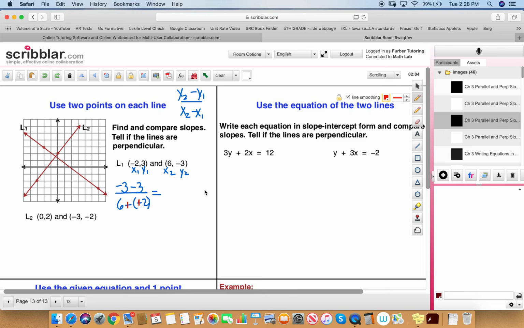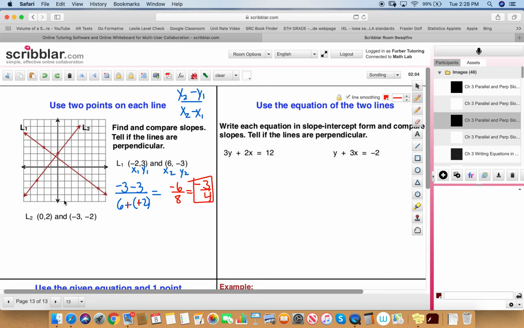Negative 3 minus 3 is negative 6, not negative 9, sorry. And 6 plus 2 is going to give me 8. Now that fraction reduces to negative 3/4. Okay, so that's the slope of line 1.